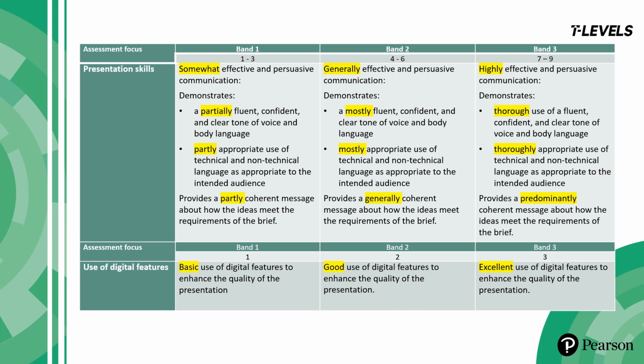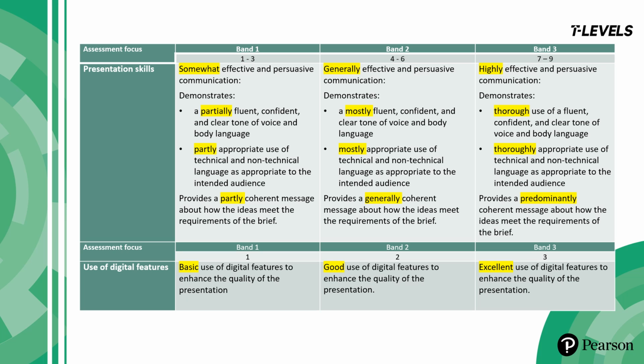The trait descriptors have been highlighted in the mark scheme shown. In some cases, work will have qualities of different aspects of the grade descriptors in different bands. For example, in the first assessment focus, students are assessed on demonstrating fluent, confident and clear tone of voice and body language, and on appropriate use of technical and non-technical language as appropriate to the intended audience.